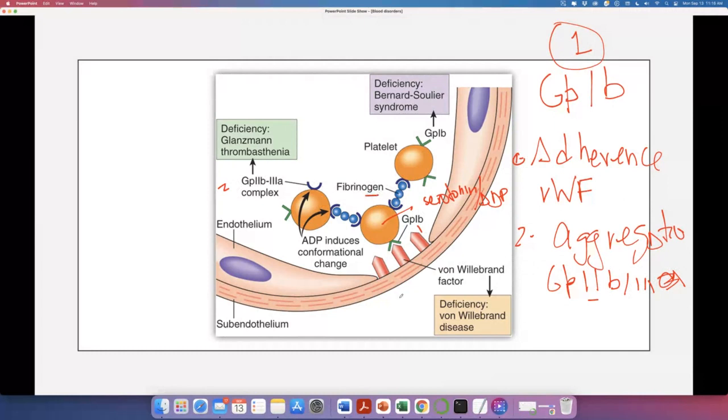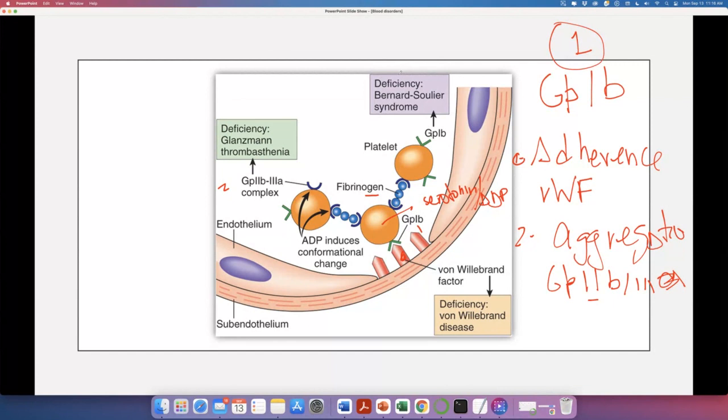From this diagram, we can understand the pathogenesis of several of the deficiencies that have to do with the platelet action and the process of formation of the platelet plug. For example, this protein may be deficient, and we call that von Willebrand factor deficiency or disease. But maybe the von Willebrand factor is okay, but the platelets are defective and they don't express the GP1 protein.